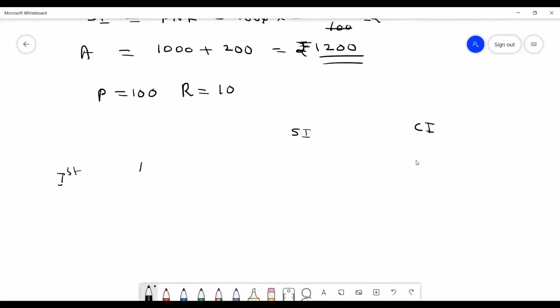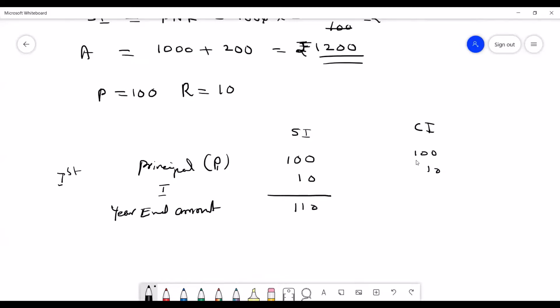Here the first principal amount is P1. So principal amount is 100 and interest is 10 rupees. And in compound interest method also the same will come. And at the year end, the amount will be 110, and here also it will be 110.